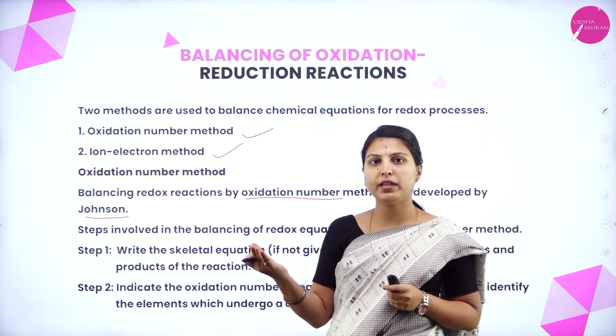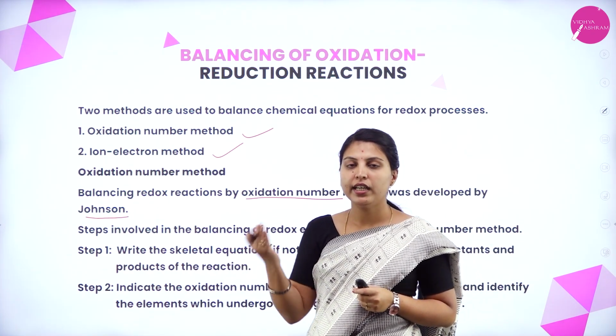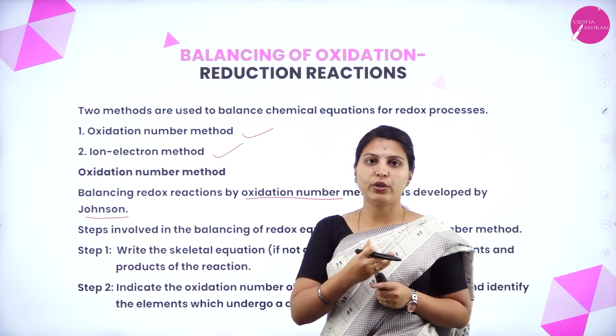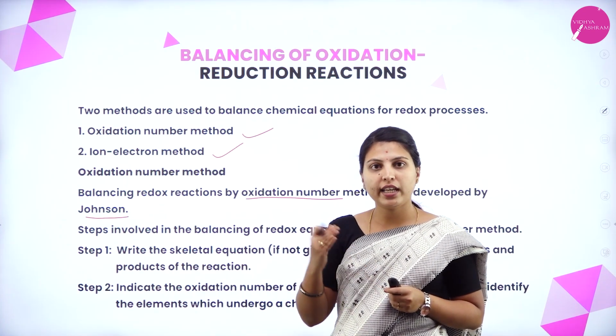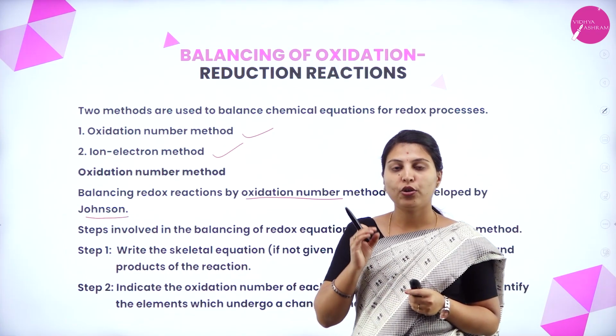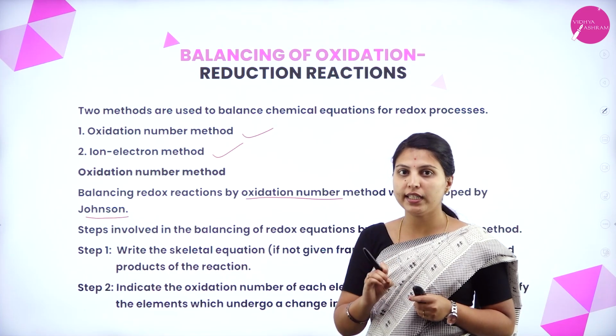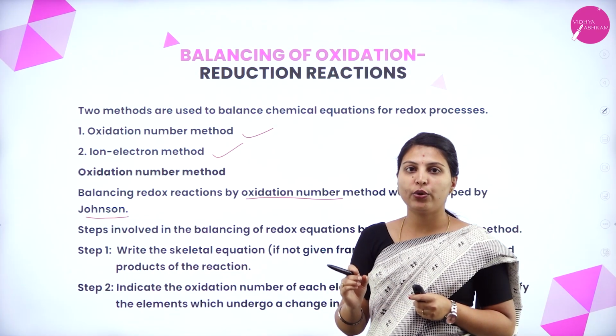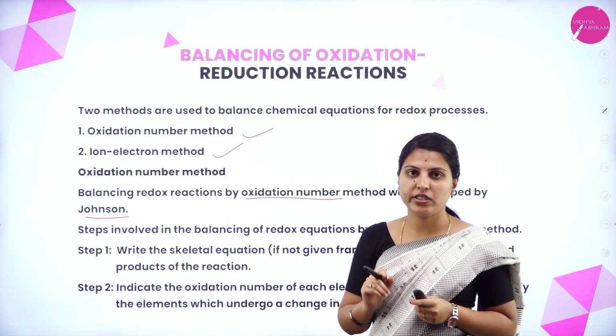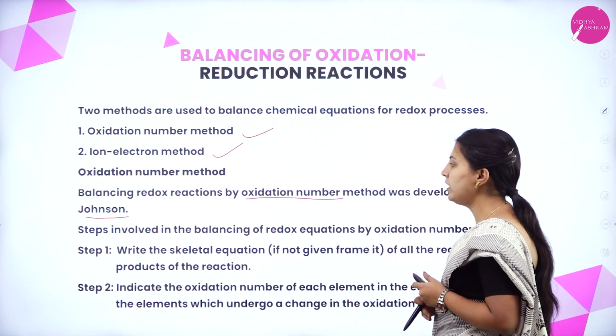Sometimes you have seen copper in +2 on the reactant side, and on the product side it goes to the +1 state. So there is a change in its oxidation state. Not only writing the skeletal chemical equation, you have to analyze which element is undergoing oxidation number changes. So that is step 1 and step 2.